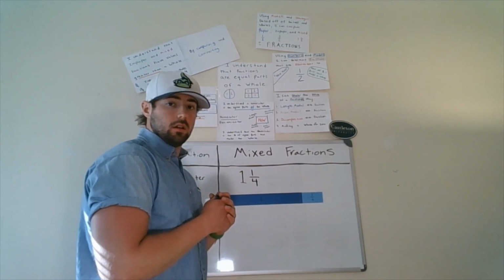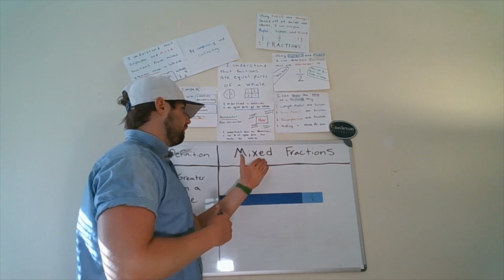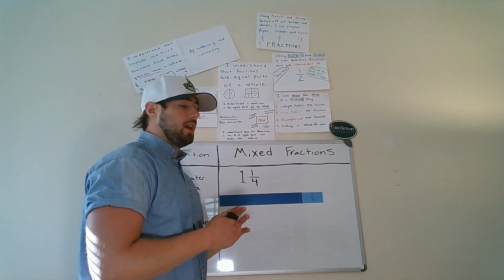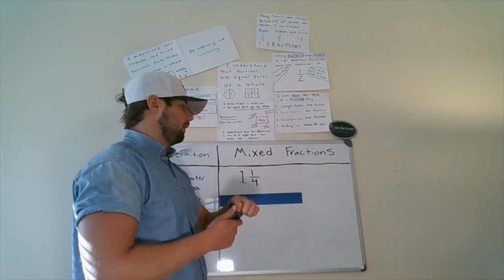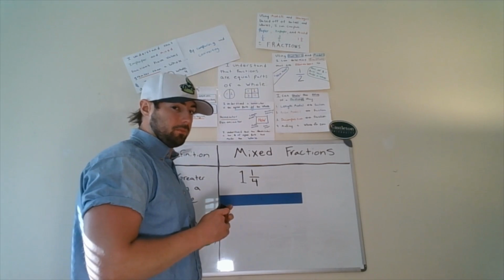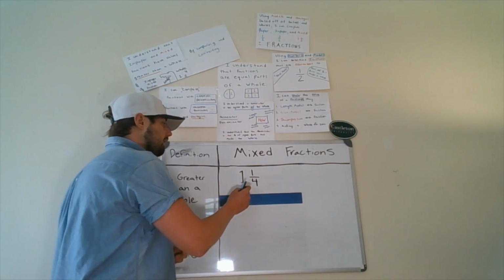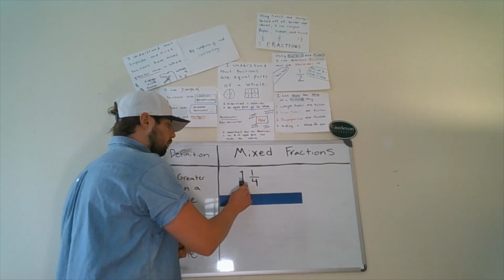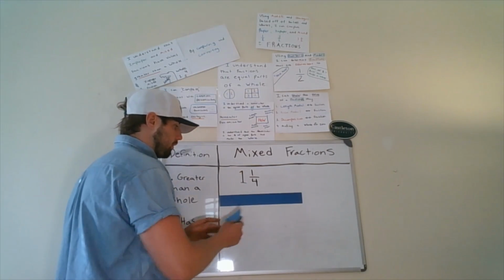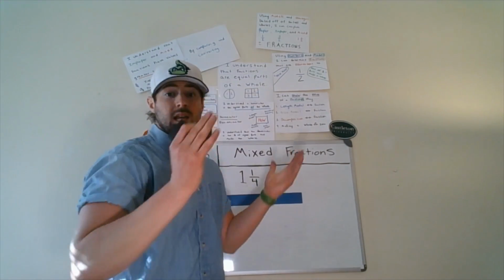But to fully understand the value of a mixed fraction, it's important to also think about its parts. And I think you'll see something in a second here. I know when I'm working with fourths, and I know I'm working with a whole, which could be partitioned into anything.